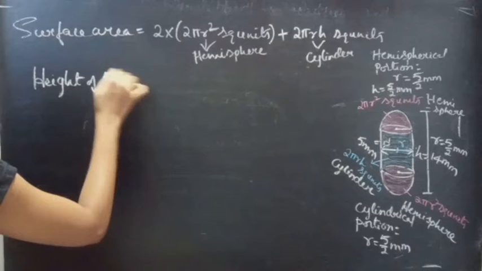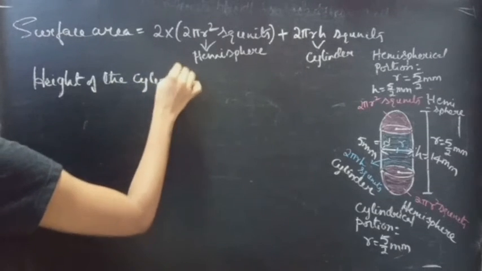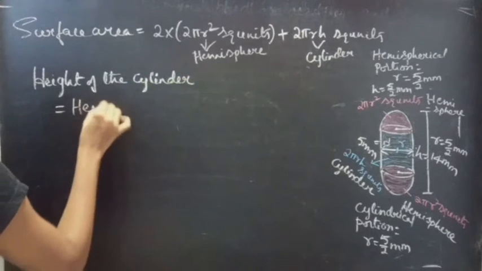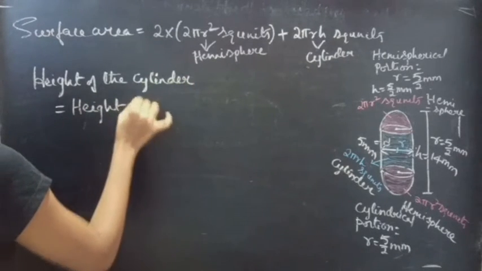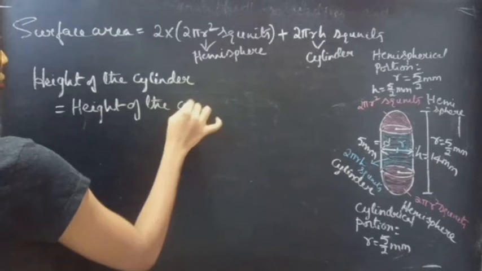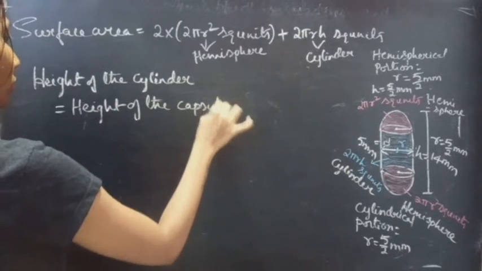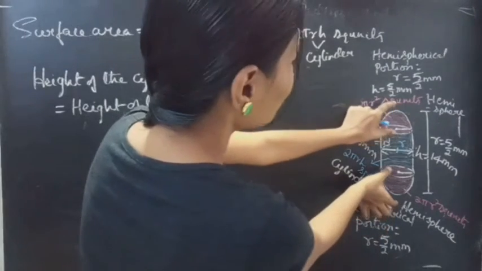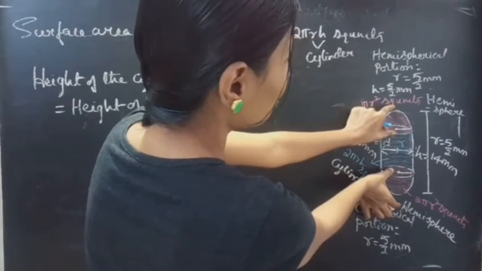Height of the cylinder is equal to height of the capsule minus height of these two portions.